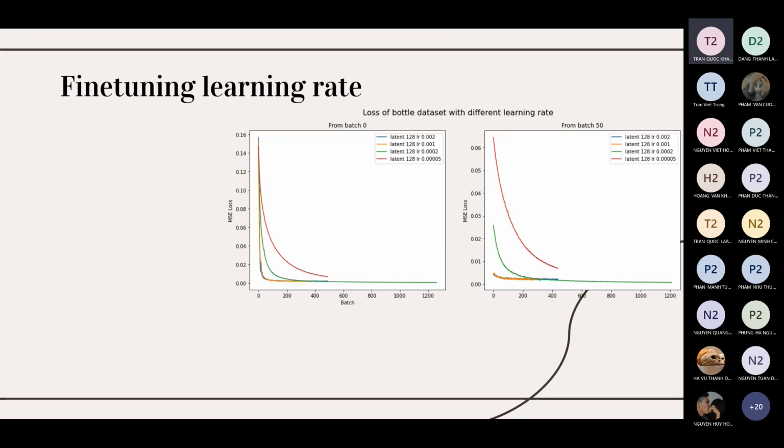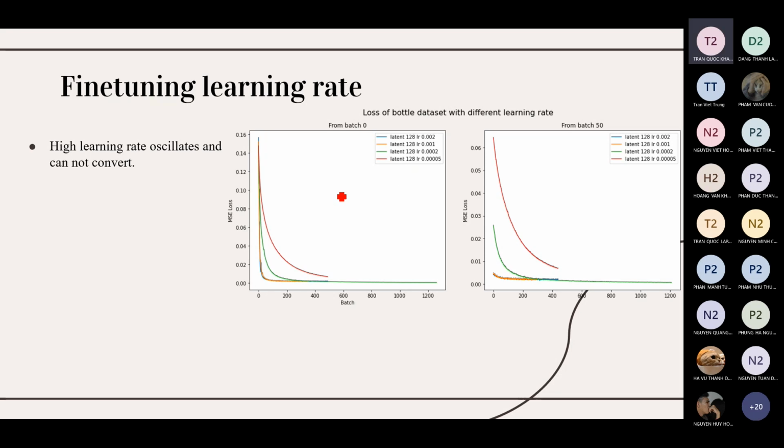Okay, and we have fine-tuning the learning rate, and you can see here is the loss of the learning rate in the bottle data set.